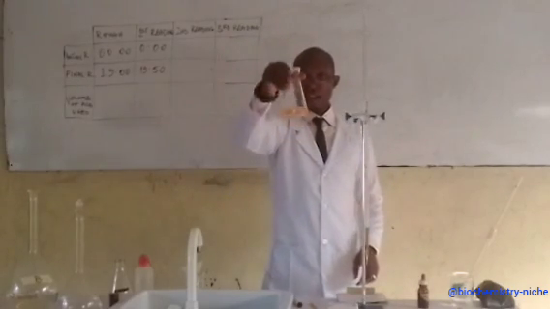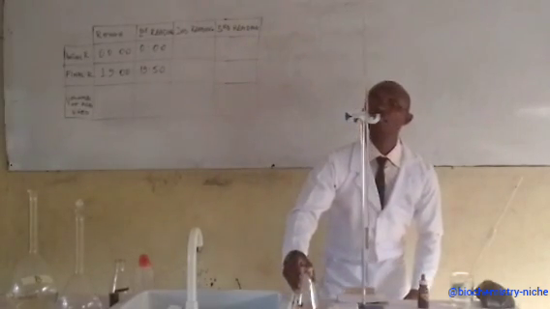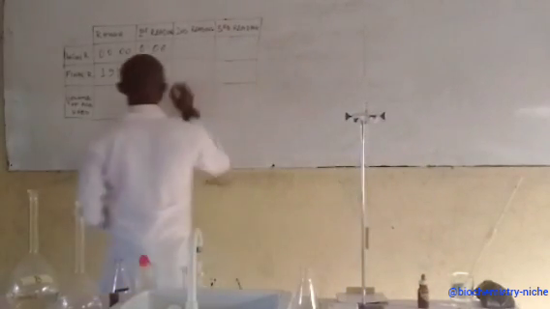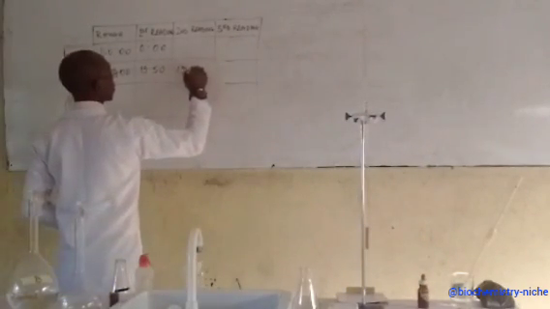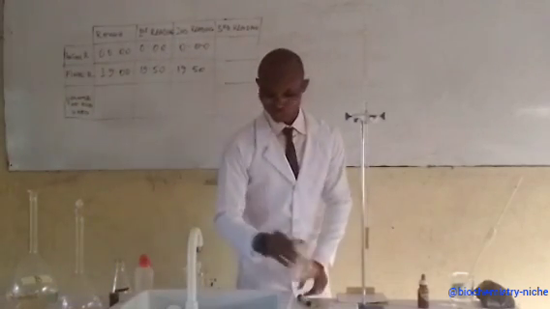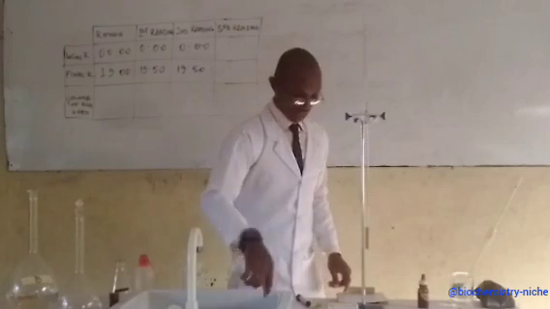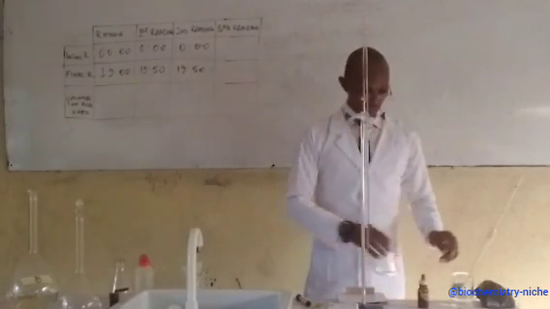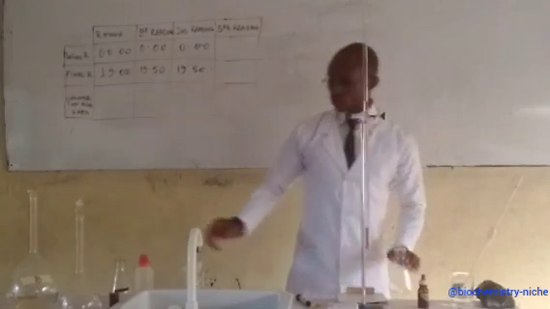So this is our end point. So the mark we have here is 19.5 again. So let's take one more reading. So we use that as our grading. Sorry, let me rinse.